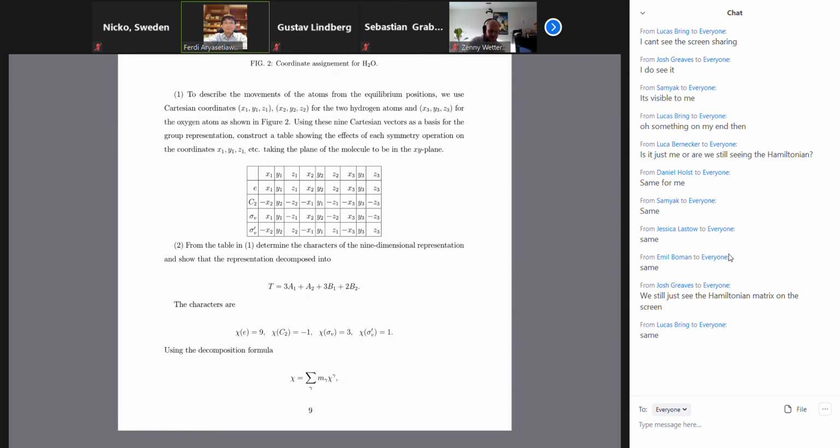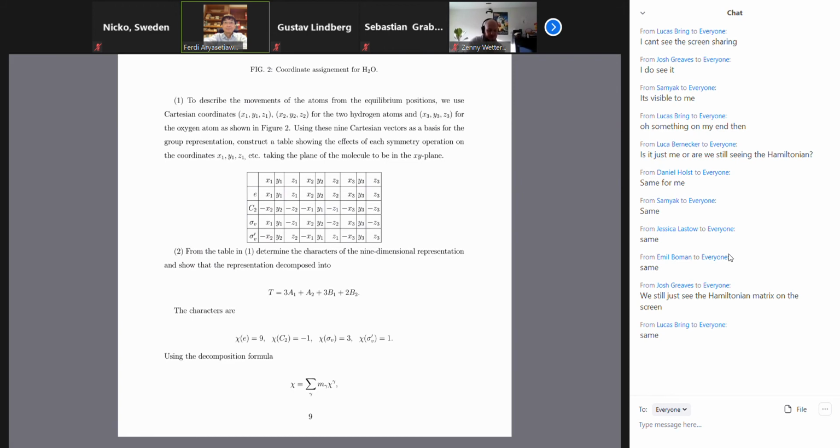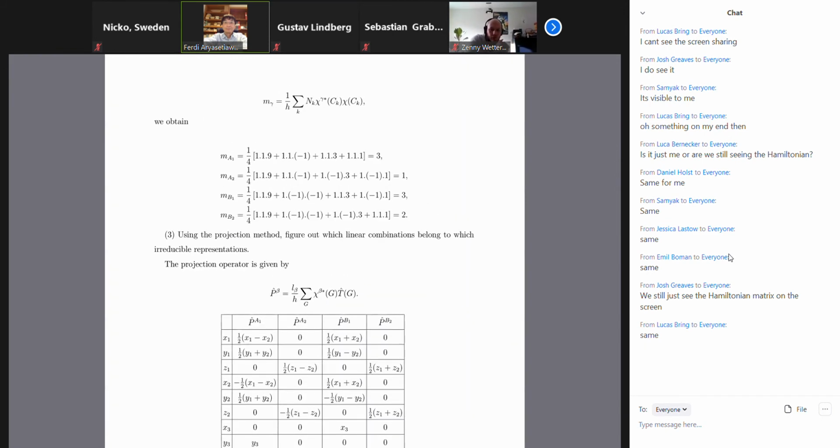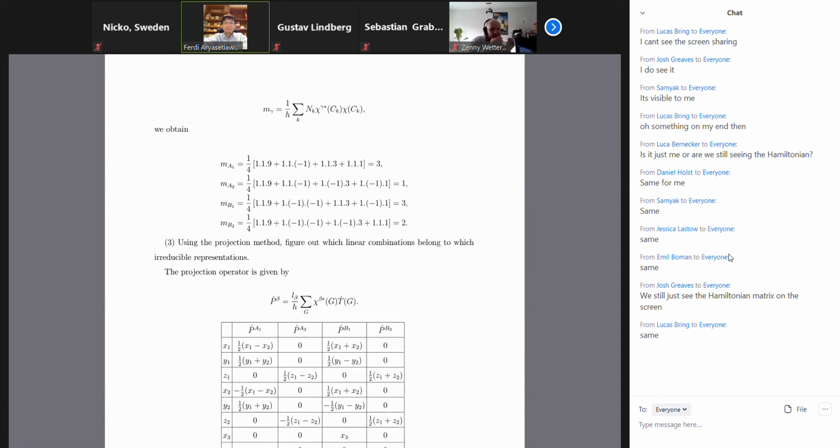Then it's straightforward to calculate the decomposition. Again, we use this formula, the orthogonality between the characters.